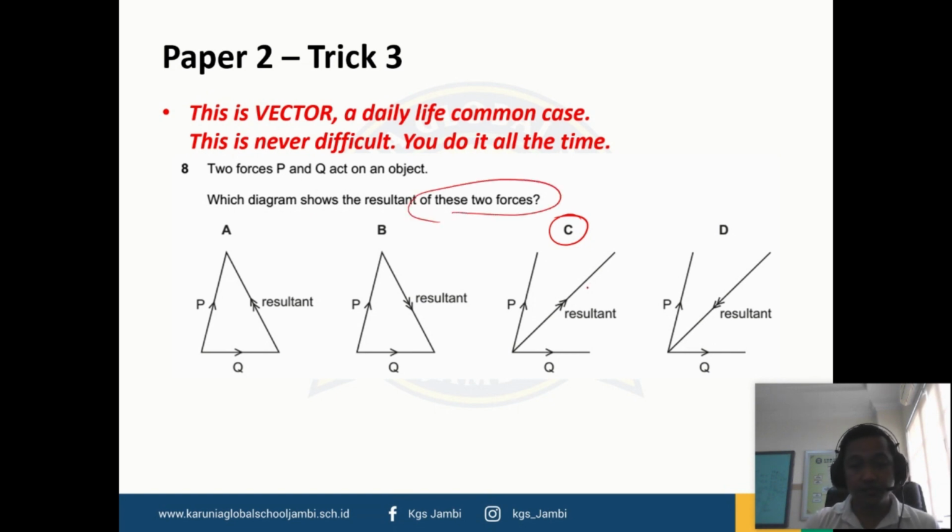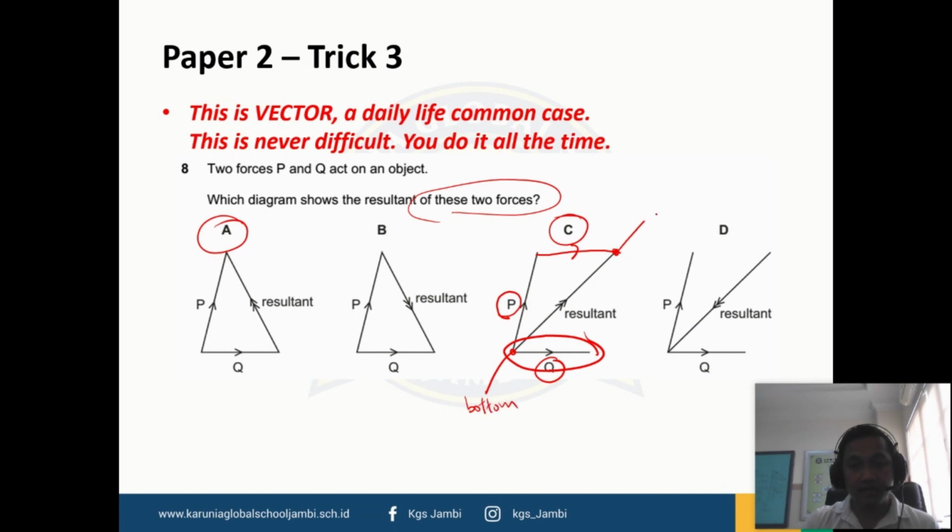This diagram shows the resultant of two forces. I will show you that the result could be interesting, and it could show you that this is probably the problem solving. But take a look at this. This is vector P, and this is vector Q. Remember that we can move a vector, but we cannot change its direction. Now we are going to move this vector up here.